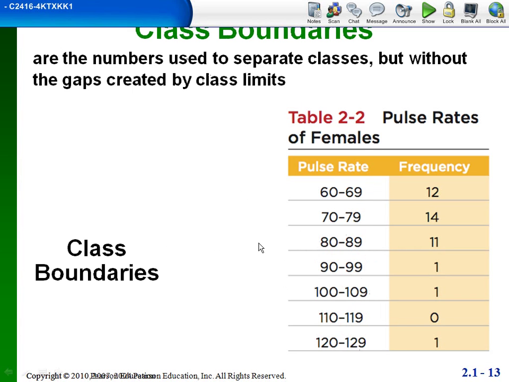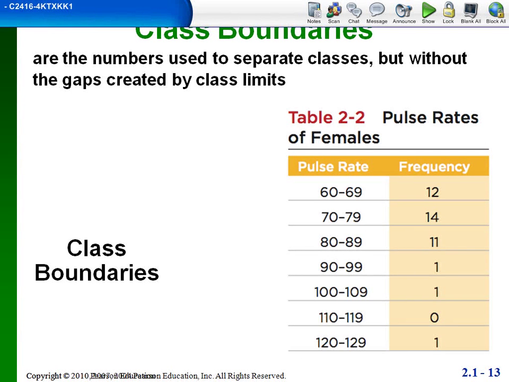Okay, now let's talk about class boundaries. Class boundaries are basically, we're going to be moving these classes a little bit farther out so that they touch each other. Because that's what you're going to be doing. They're going to be touching each other. What happens is that this number and this number are going to become the same. The way we're going to do it is we're going to average these two numbers, and we're going to put them here and here.